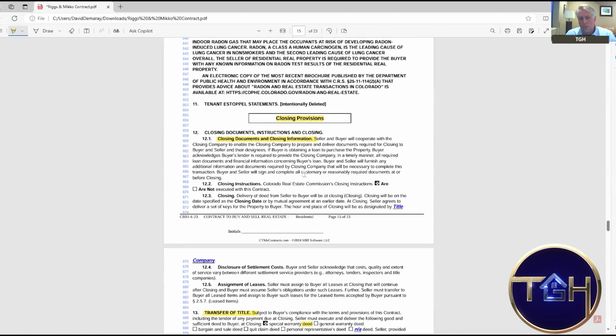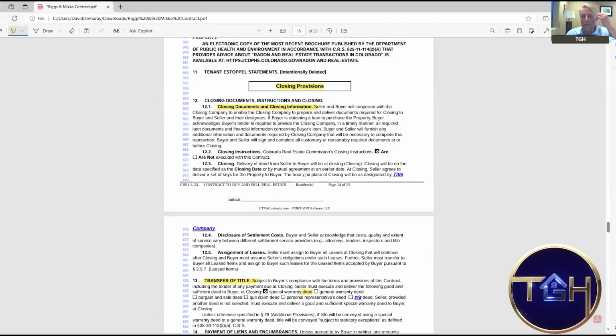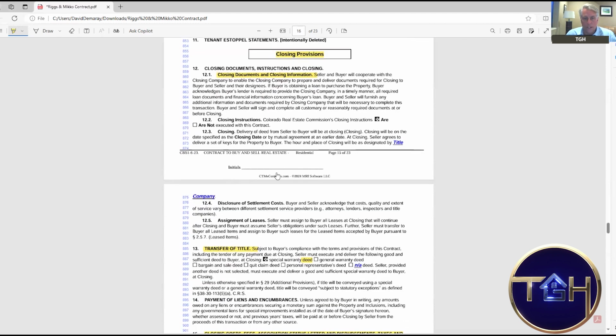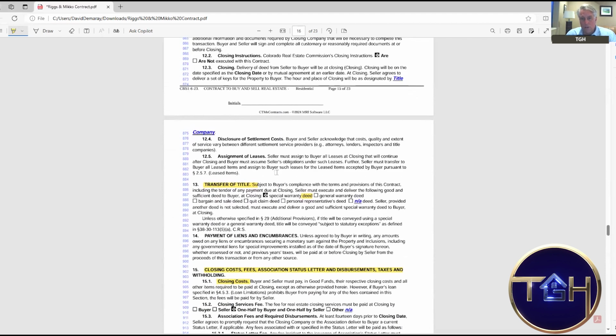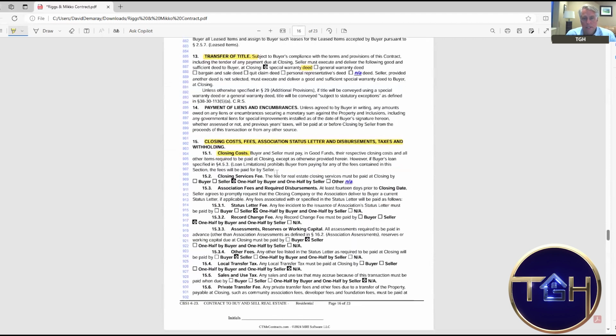Then we get into the closing provisions. Both parties are going to have their own individual closing documents that they're going to be obligated to sign at closing. It talks about the date of closing and where it's going to be. Typically, it's at the title company. What type of deed is being transferred in order to transfer ownership of the property.